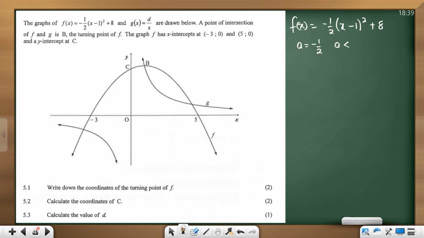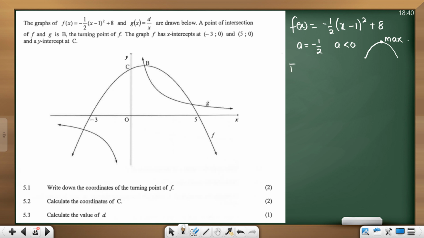A is less than 0. It's a sad face. First information: a is negative half. When a is less than 0, it's a sad face, and if it's a sad face, it's a maximum.